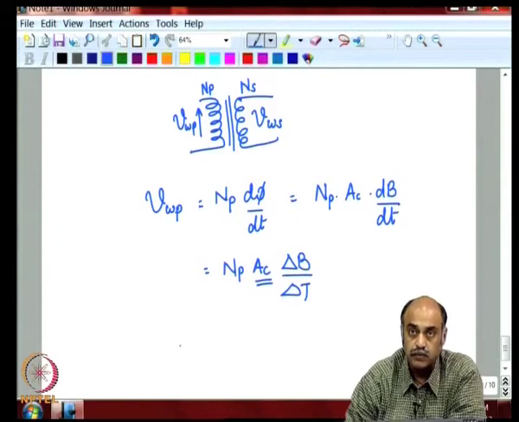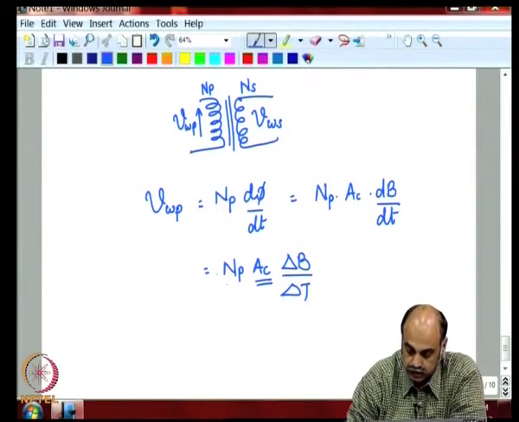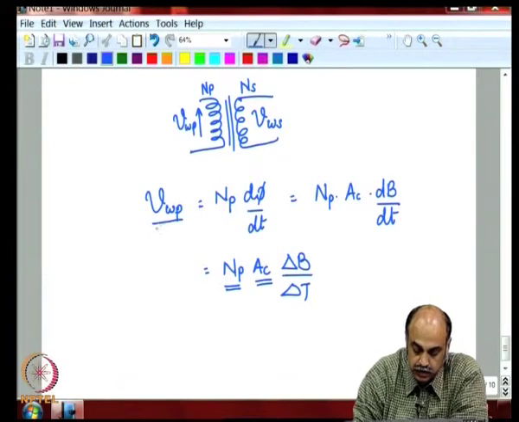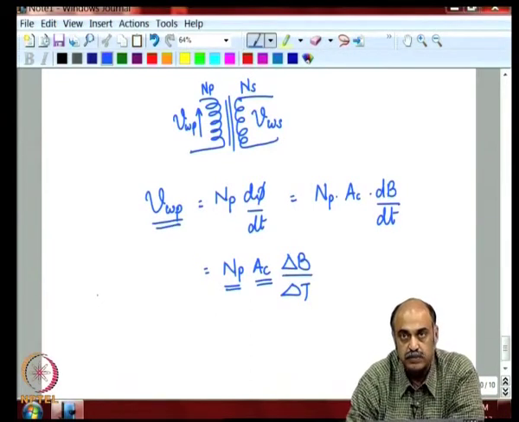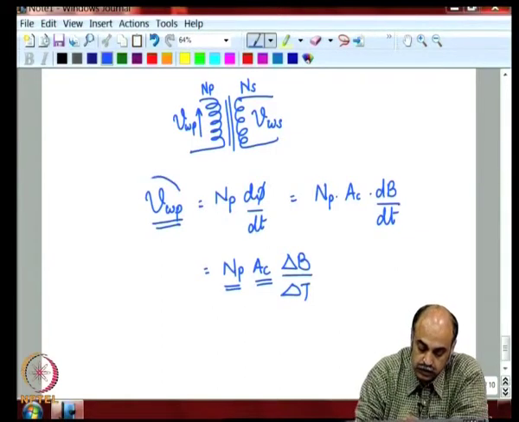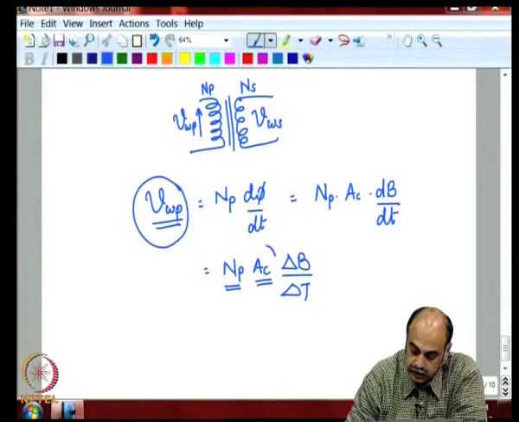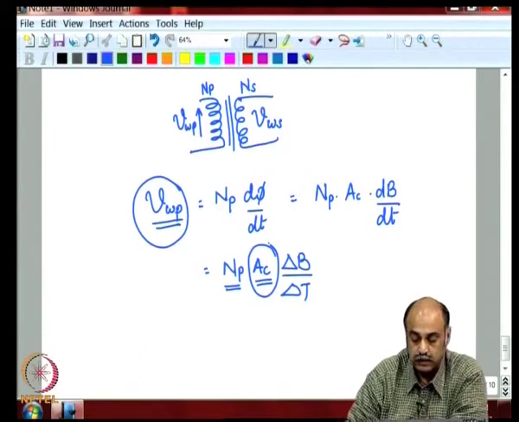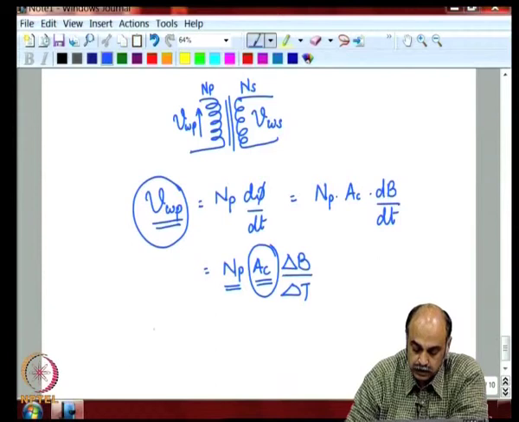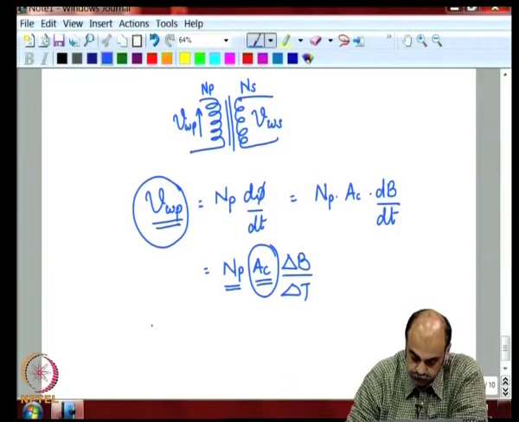This is the core cross section area and this is the number of turns Np. VP is the voltage applied to the primary which comes from the circuit. So, therefore, you see that the voltage and Ac are related through this.